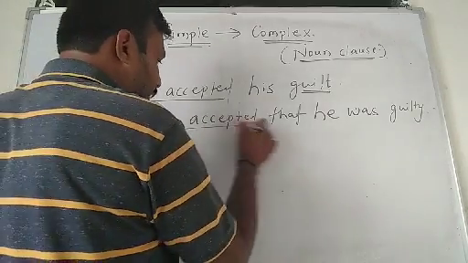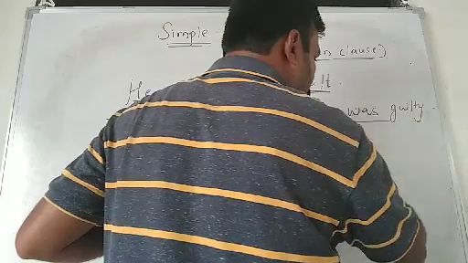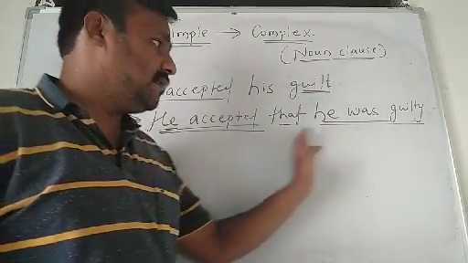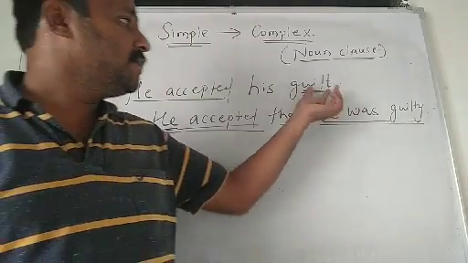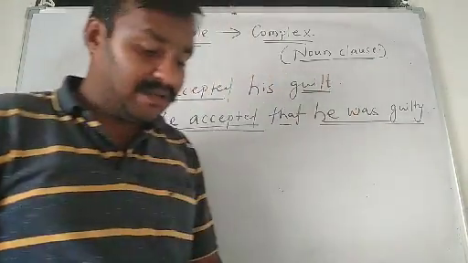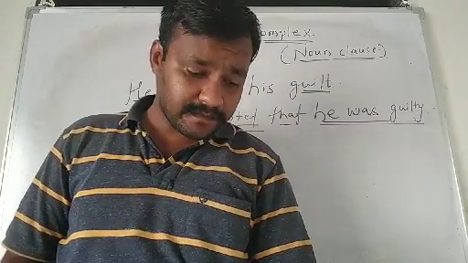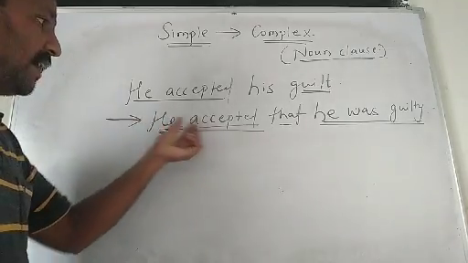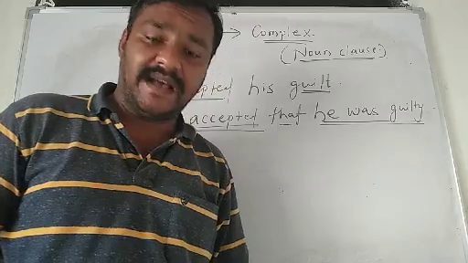He accepted that he was guilty. This is noun clause we have added. So sometimes this noun we have to change in adjective, or sometimes we have to change it into verb as well. Isn't it? How I have changed this sentence into like he accepted that he was guilty. In this way I have changed it.